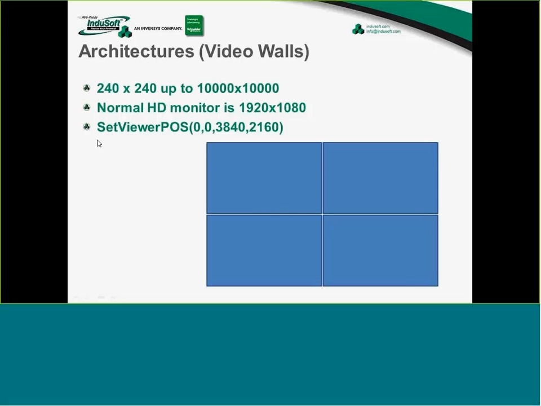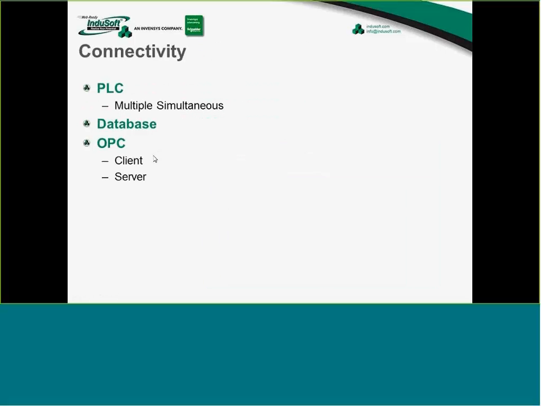But that's a really nice, handy feature. And again, feel free to take a look at that tech note that we have on the website on how to cross multiple monitors.